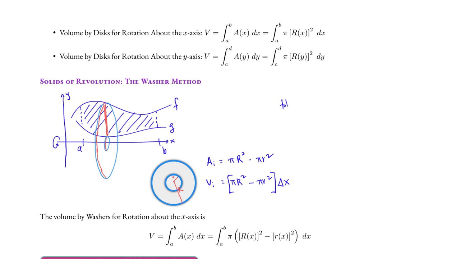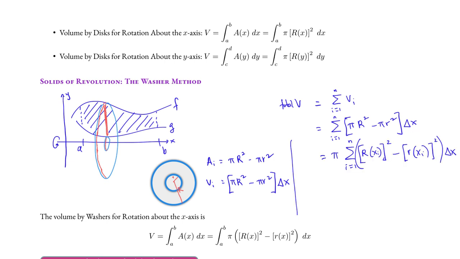The volume of the entire solid is the total volume, which is the sum of all of these little volumes, V sub i. But V sub i is pi capital R squared minus pi little r squared times delta x. Since x is the variable of integration, we express the outer radius and the inner radius in terms of x.